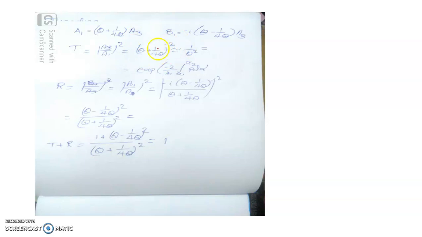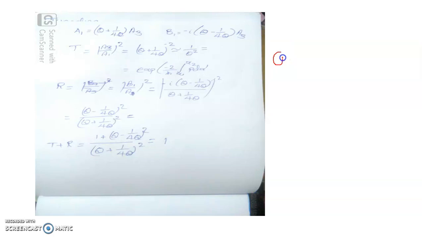Since this quantity is in the denominator, the contribution of this quantity is much smaller compared with this parameter. So approximately this can be taken to be 1 by theta square, or theta power minus 2.